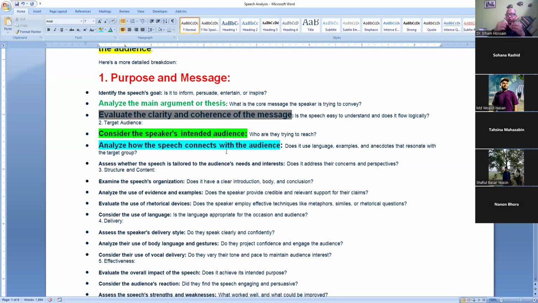His purpose is to connect these two. That is, I will connect my speech with my audience. If I can do it properly, then I'm a successful speaker. If not, then I'm not successful. So while you are analyzing a speech, you have to think whether the speaker has been successful in connecting his speech with his audience.